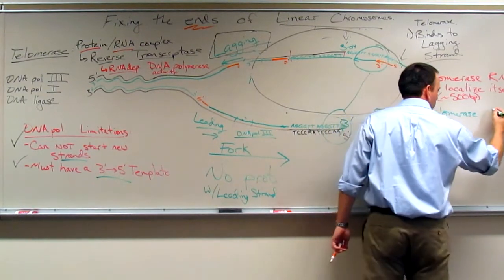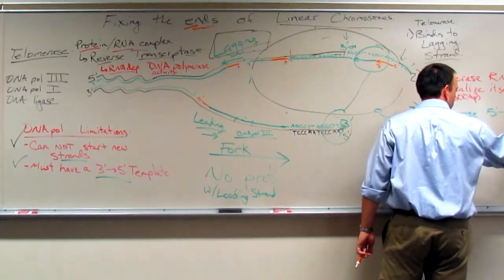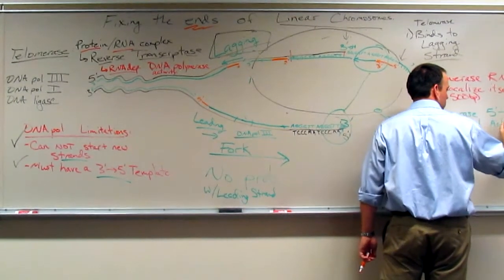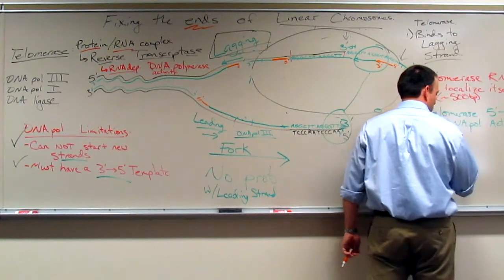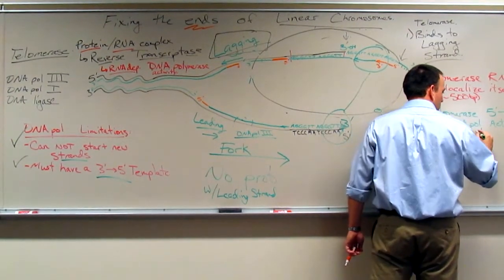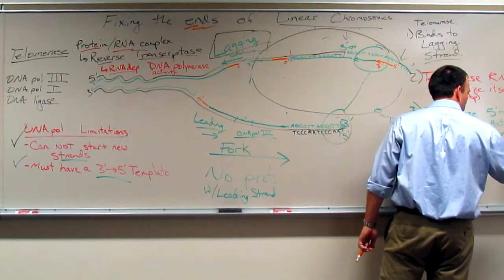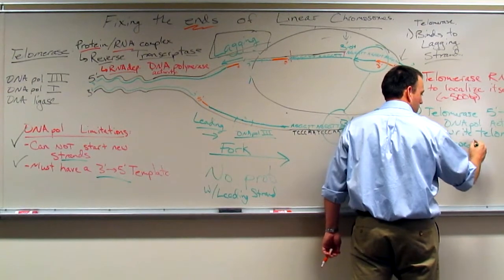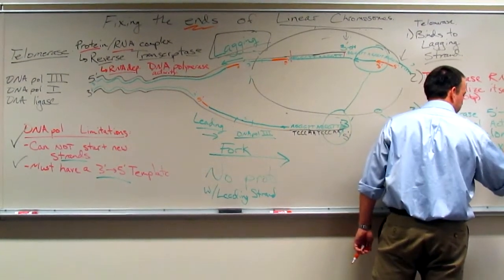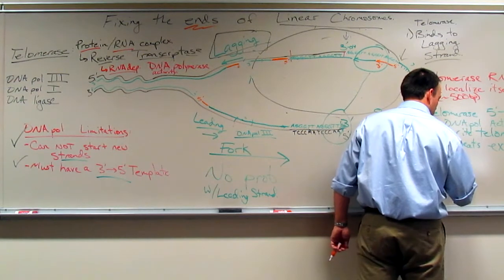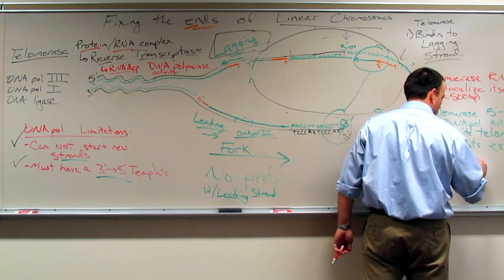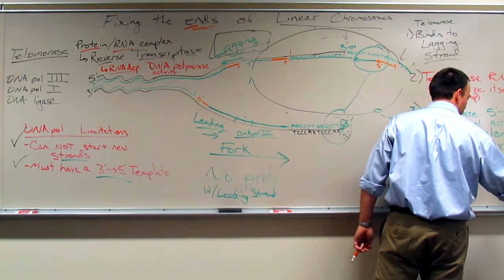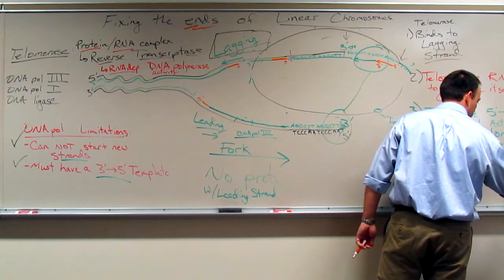Okay? So, three: telomerase 5' to 3' DNA polymerase activity writes telomeric repeats, extending the 3' end of a linear chromosome.